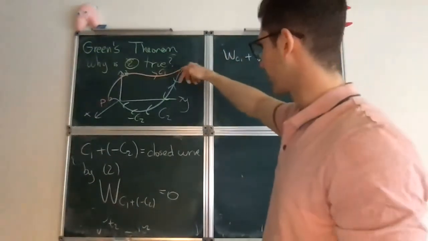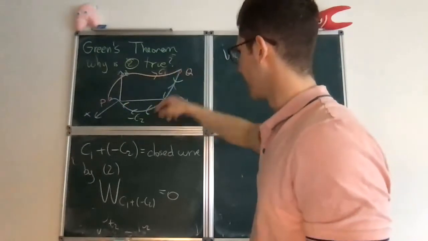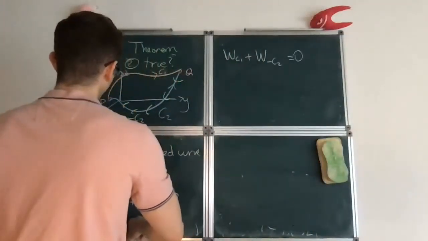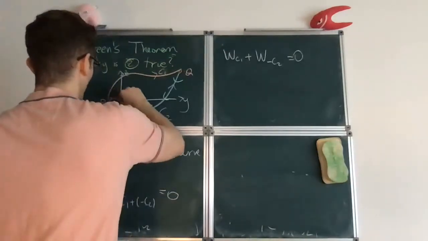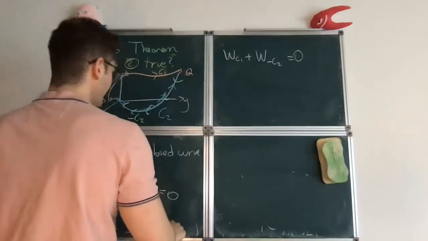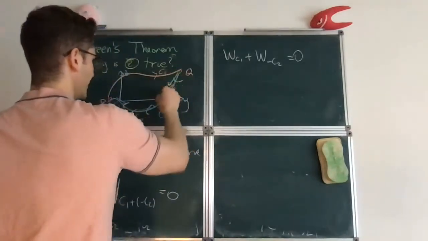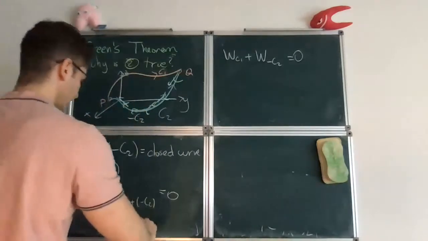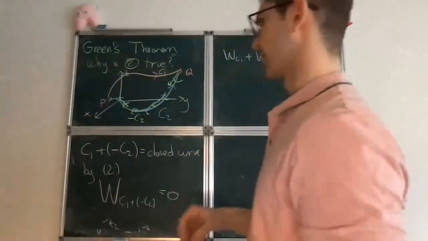But now, how is this work? This is the work along the same curve as C2, but with the opposite orientation. So that means that if you're driving a car, and you have a certain velocity as you're driving, for the opposite orientation you're just switching the directions of your motion. So you're just reversing the velocity that you're using for traveling along this path.